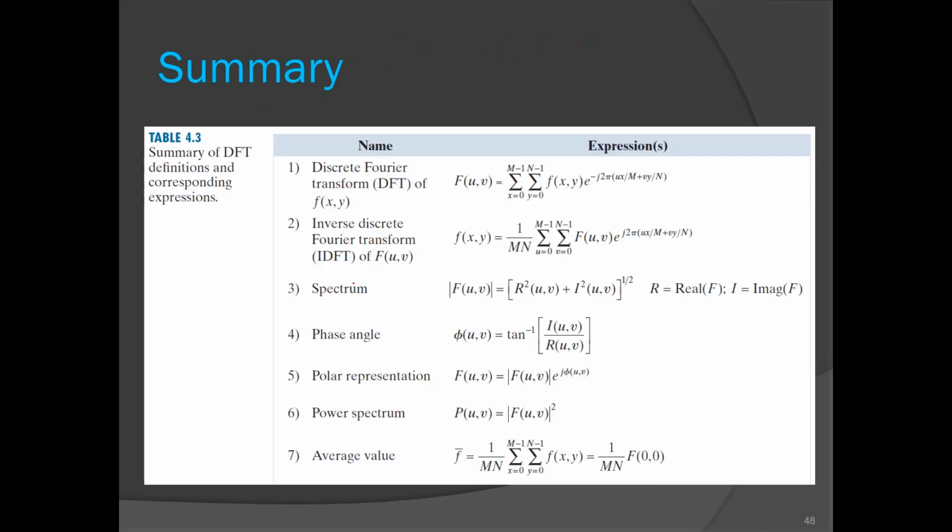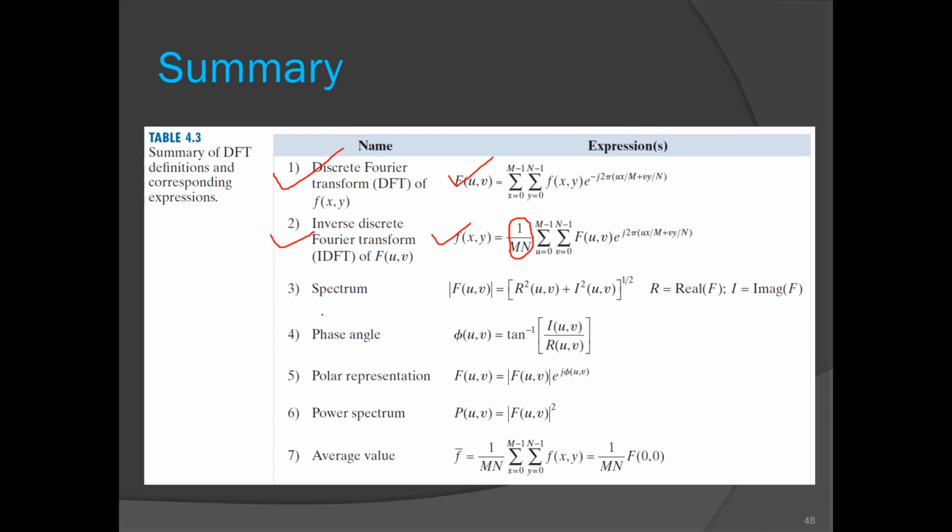Now to summarize everything, we started with the equation of the discrete Fourier transform, which is given here, and the inverse DFT is given by this equation. You can specify 1 by MN here or here.